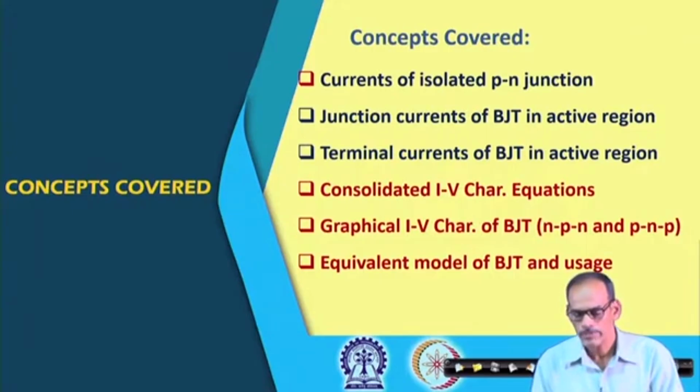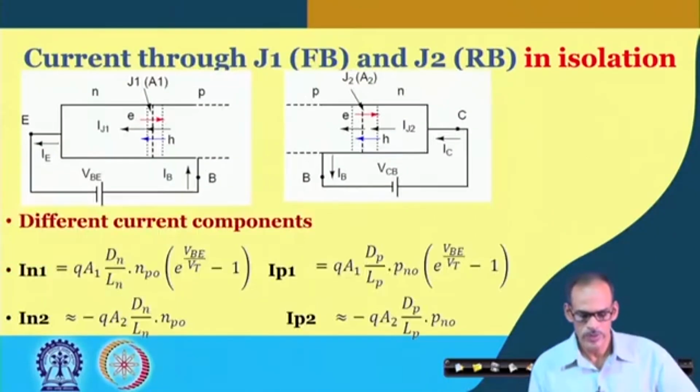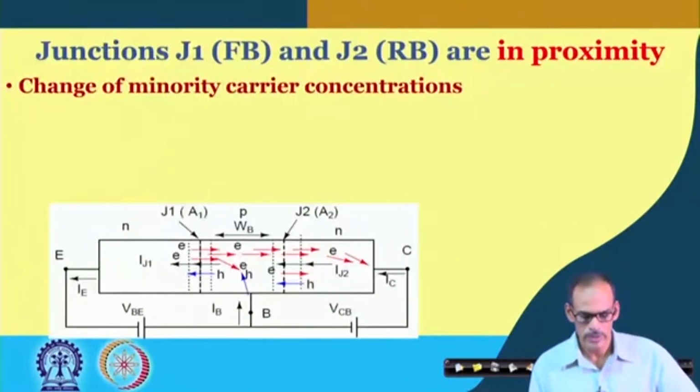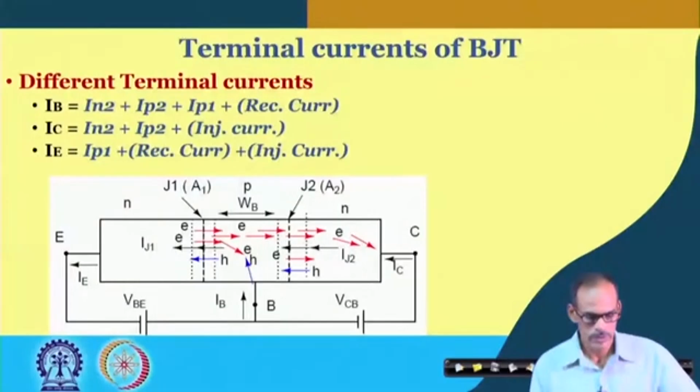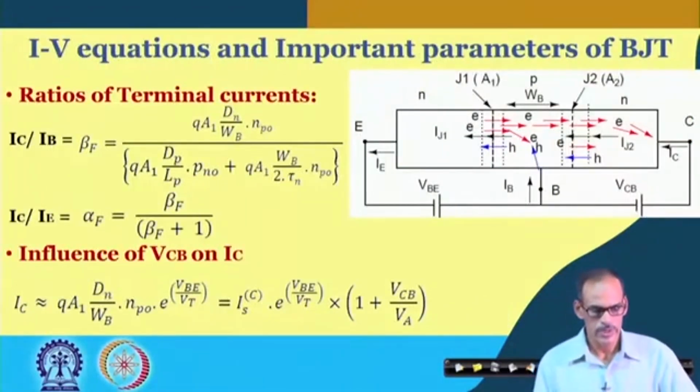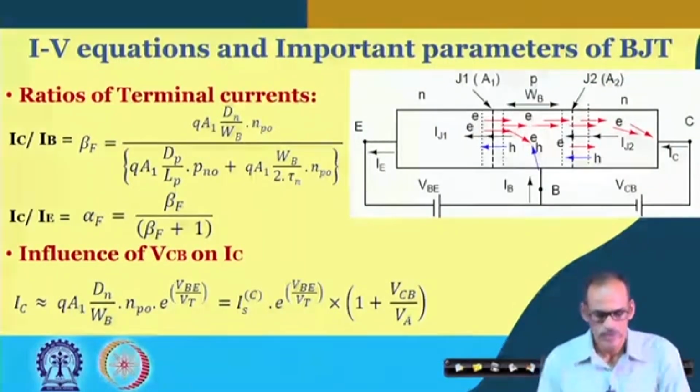Then we will be covering maybe two numerical problems related to that. So, let me go to the slides where we last concluded. Yes, this is the slide where we concluded in the previous part of this module.